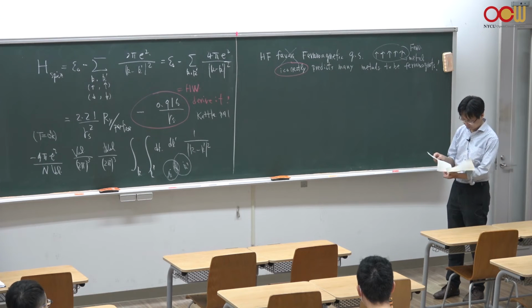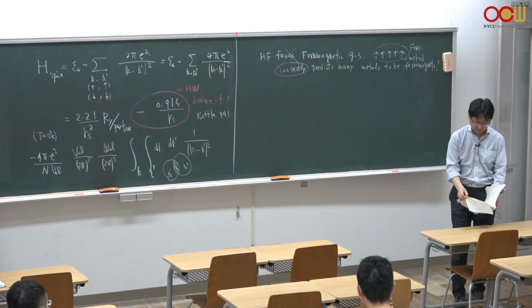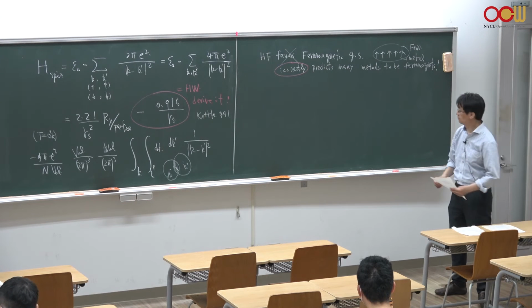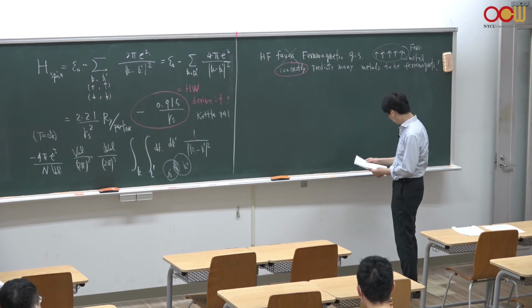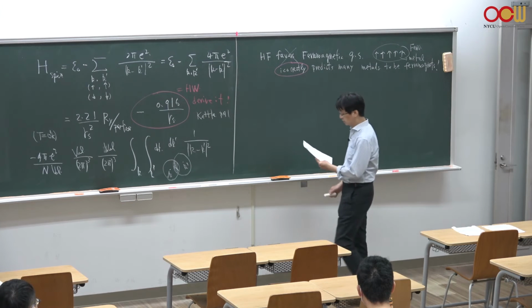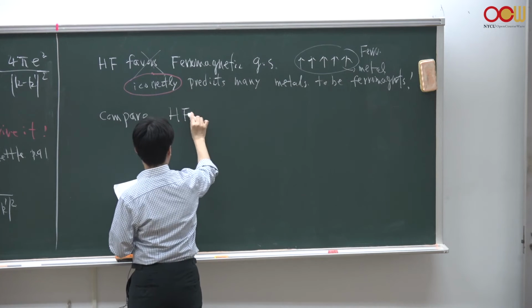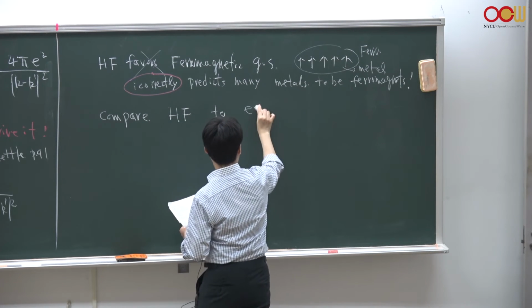But because this is a classic example of a Coulomb interacting many-body system, we need to understand what's wrong with the Hartree-Fock. So let's compare the Hartree-Fock to the experiments.